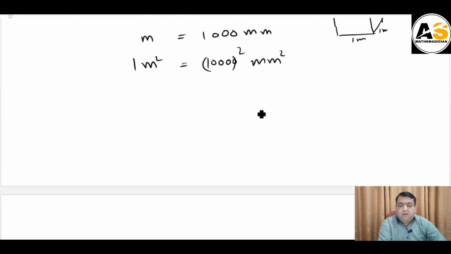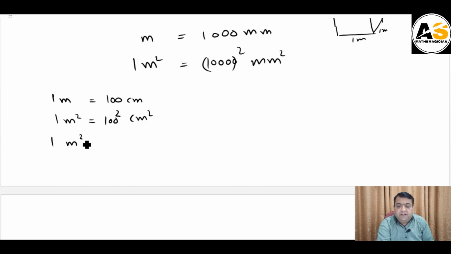How will we convert the unit in the cubic system? 1 meter is equal to 100 centimeter. 1 meter square is equal to 100 square centimeter square. 1 meter cube is equal to 100 cube centimeter cube.